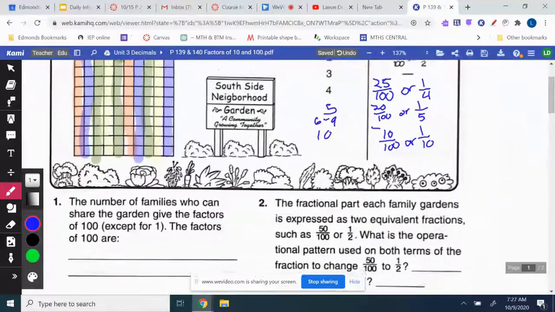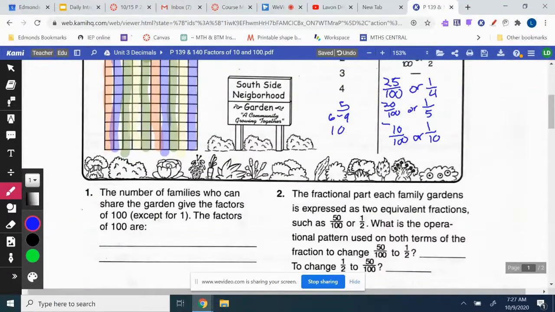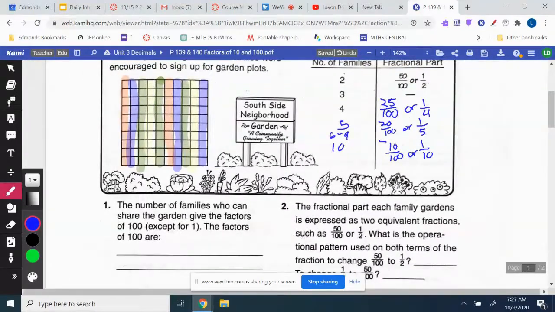So number 1, the number of families who could share the garden, given the factors of 100 except for 1, and the factors of 100 are, and secretly all the numbers are up here. So let's take a look. I have 2, and I know 2 times 50 works. 3 doesn't work, 4 does.